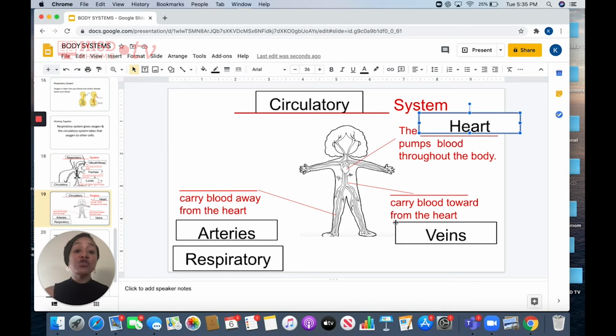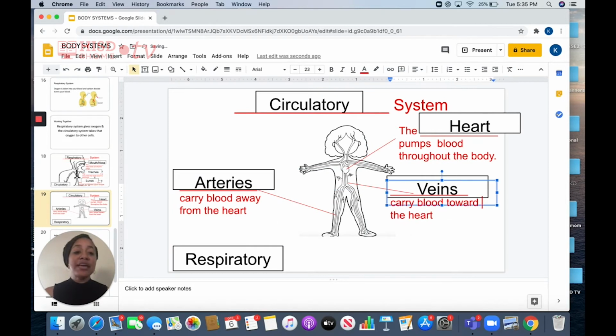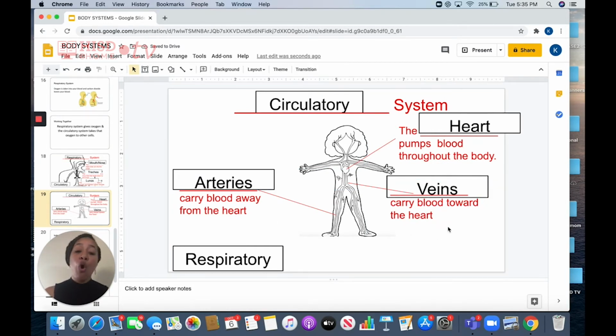Again, we want to remember away starts with the letter A. So that would mean that arteries carry blood away from the heart, which would mean that the veins carry blood toward the heart. So let's review.